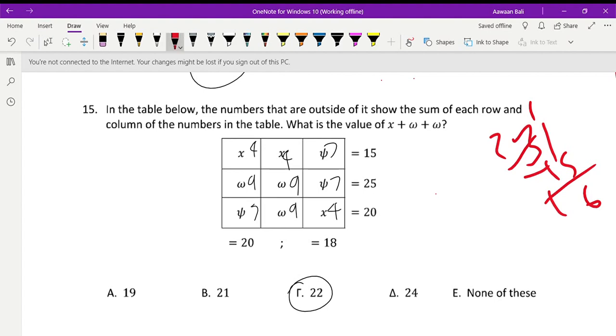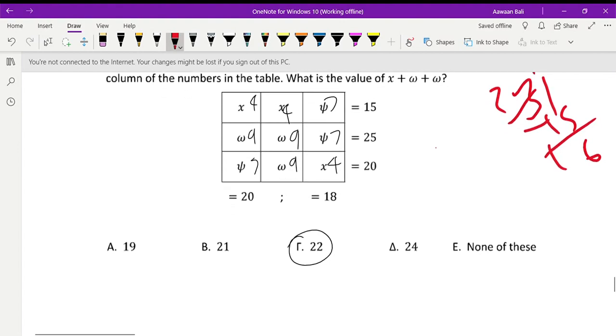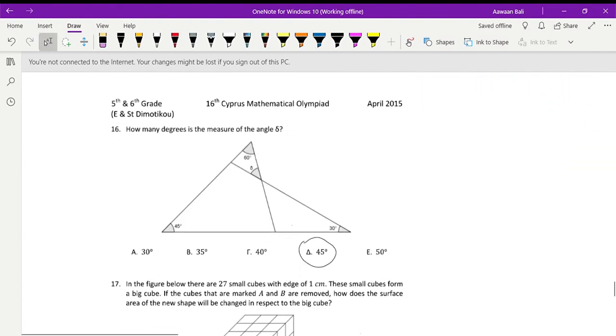Now, once we found the values, which are x is 4, c is 7, and omega is 9, we find the sum here. Though there are 2 omegas, so 9 times 2 is 18, and x is 4. 18 plus 4 is 22, therefore the answer is gamma 22.